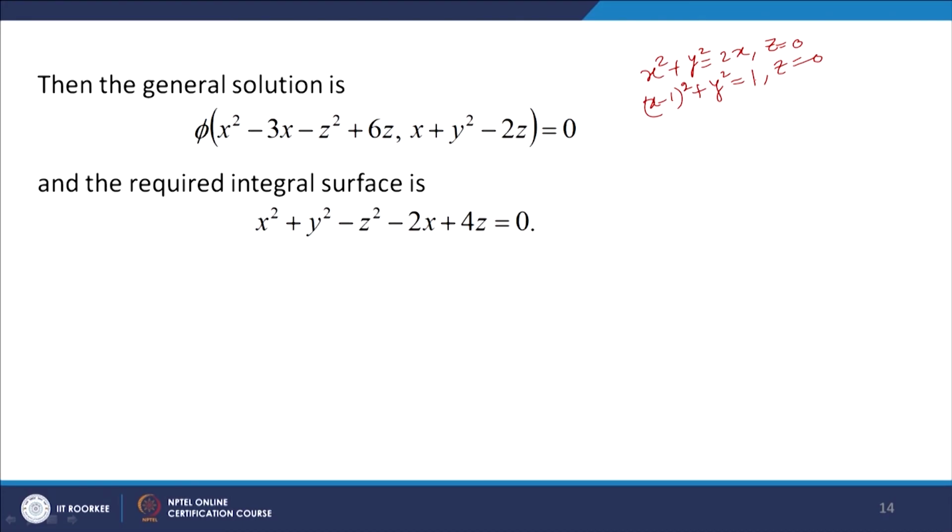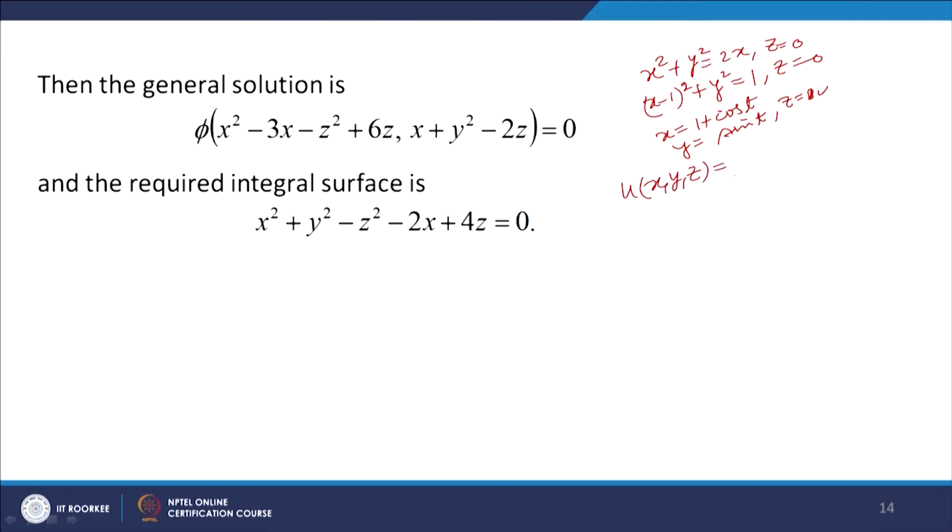Now, let us write the equations of the circle in the parametric form. So, I can write x equal to 1 plus cos t and y equal to sin t and z equal to 0.